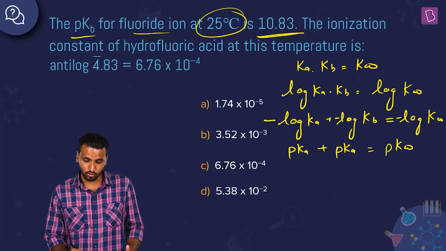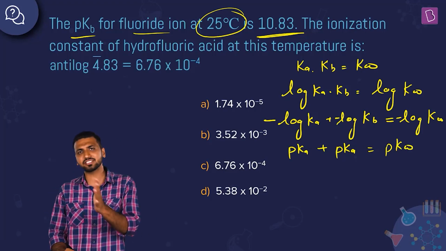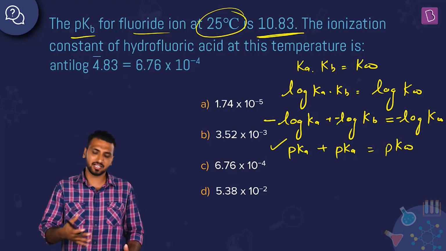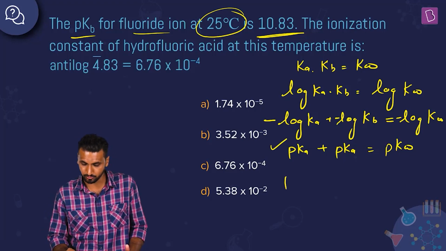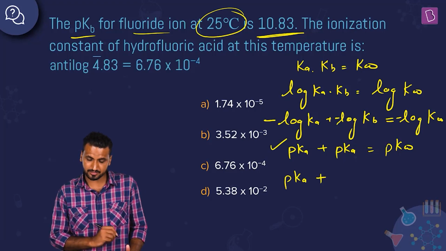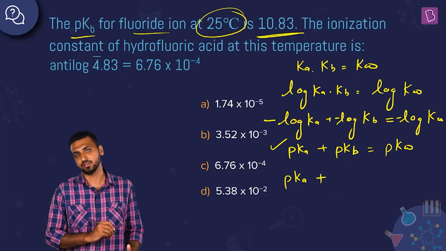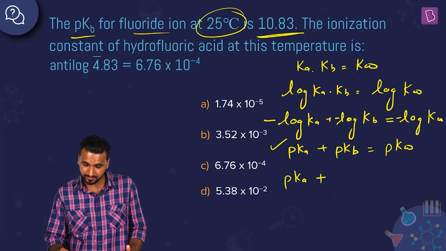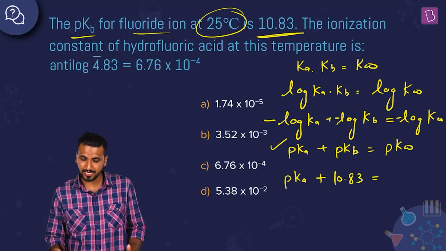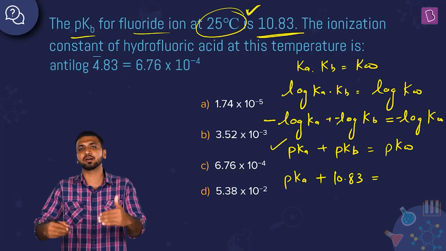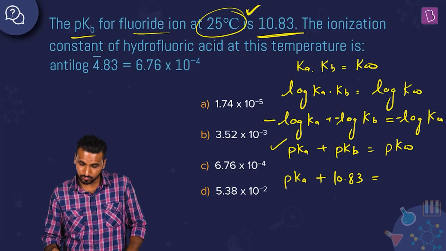So first I'll calculate pKa from this equation, then I'll convert that pKa into Ka, and that will be your final answer. So pKa plus pKb, this is not Ka, this is Kb, is equal to pKw. Okay, pKb is 10.83, and because the temperature is 25, Kw will be 10 to the power minus 14, pKw will be 14.